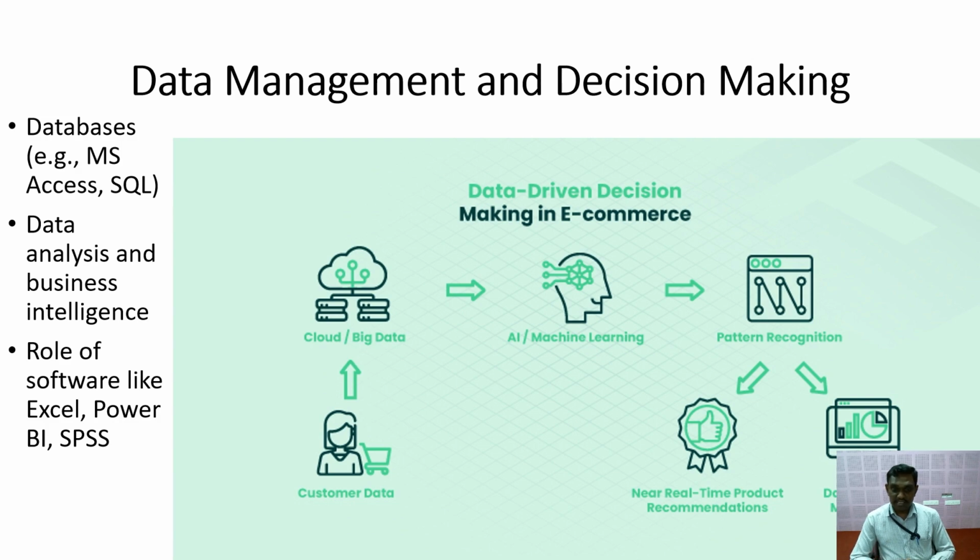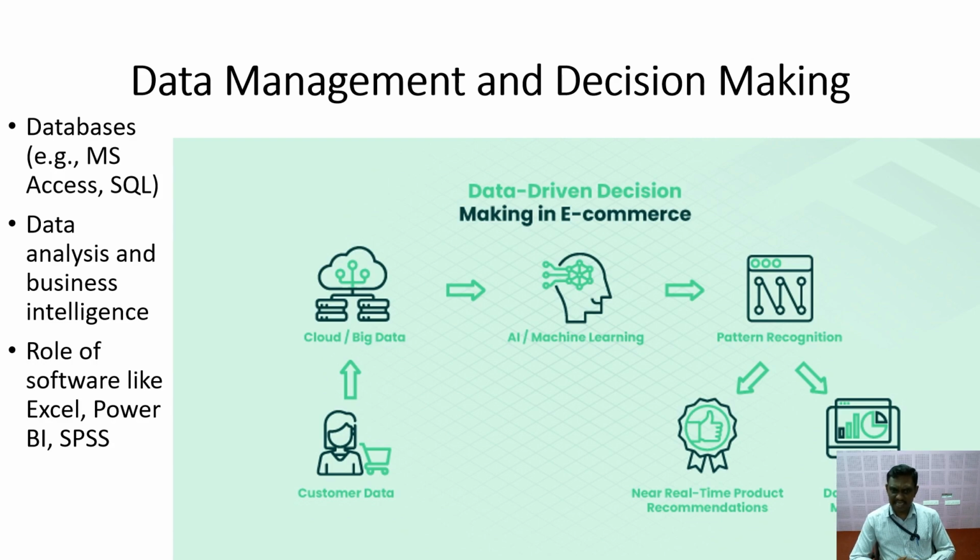So if we see the picture, you can easily understand that it is a cloud-based database, or big data storage, and AI, artificial intelligence or machine learning, or pattern recognition, or customer pattern recognition. So the customer can easily store the data using this management system.